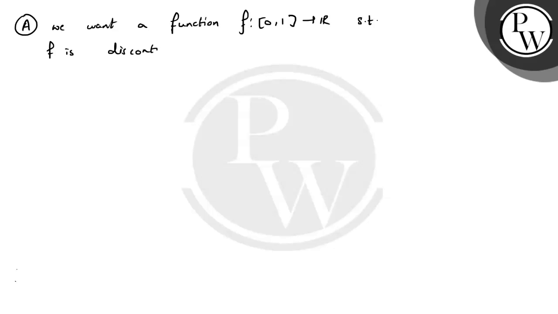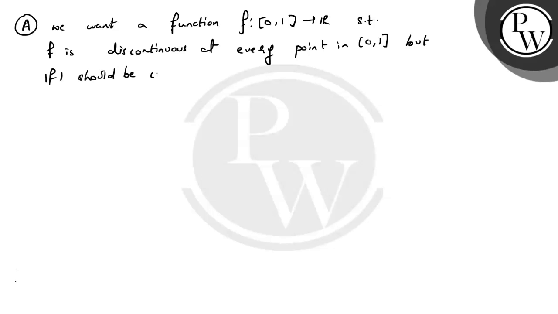Firstly, let's talk about option A. So for option A, we want a function f defined on the closed interval 0 1 to R such that f is discontinuous at every point in the domain, the closed interval 0 to 1, but modulus of f should be continuous on the closed interval 0 to 1.